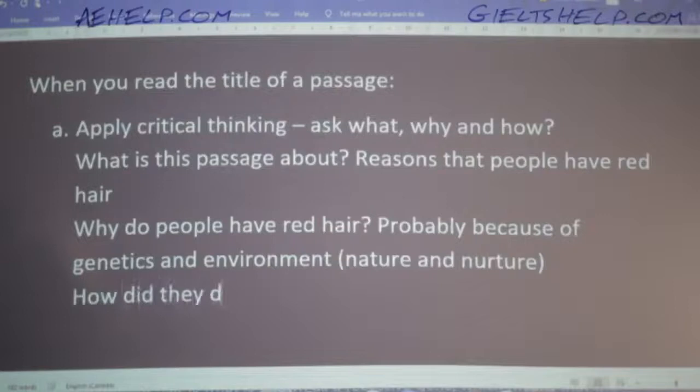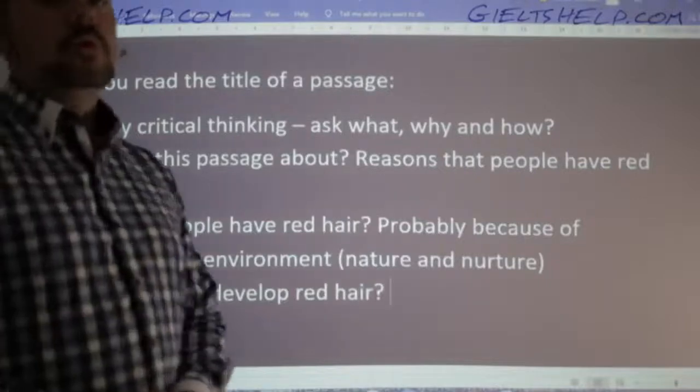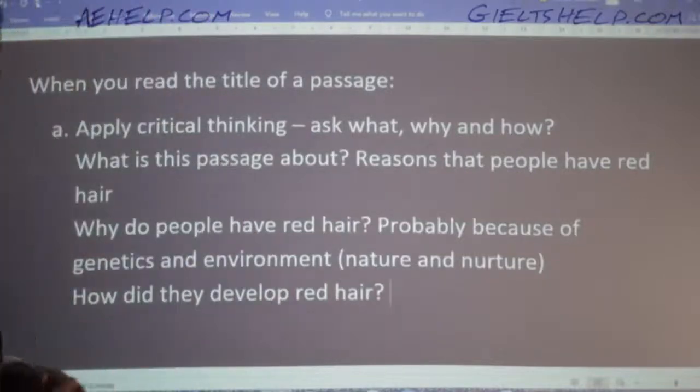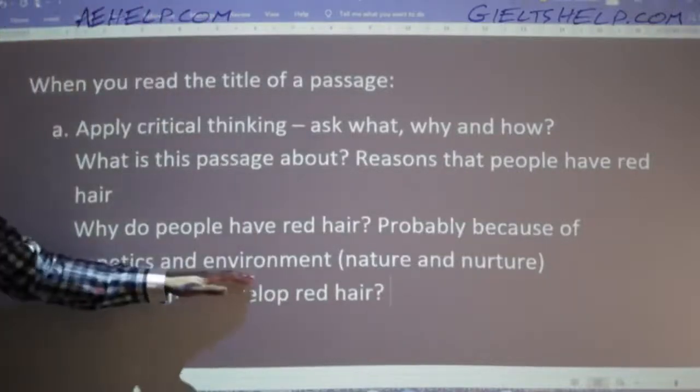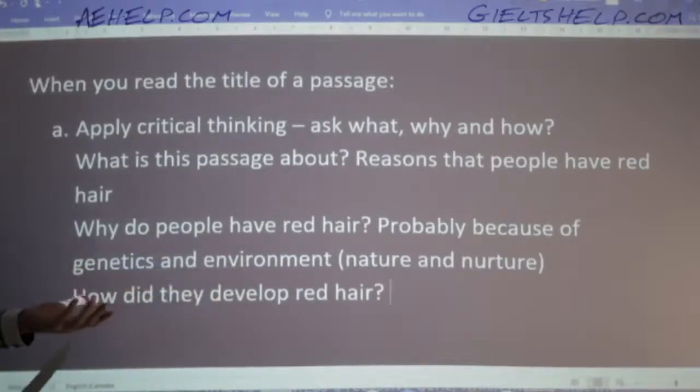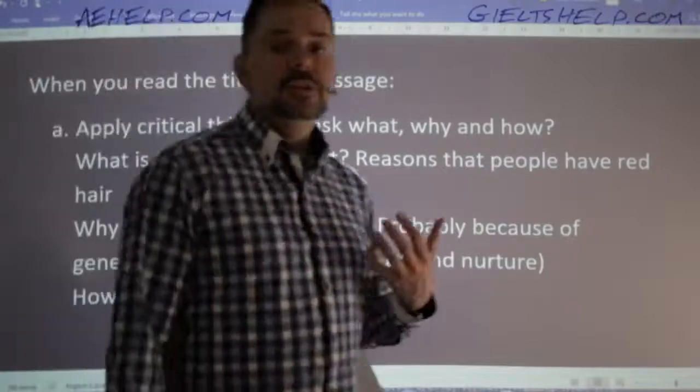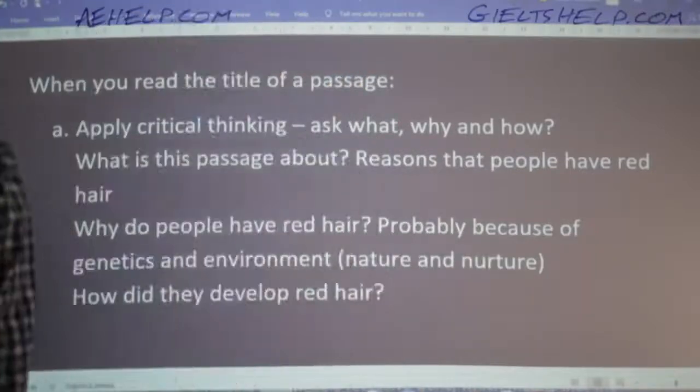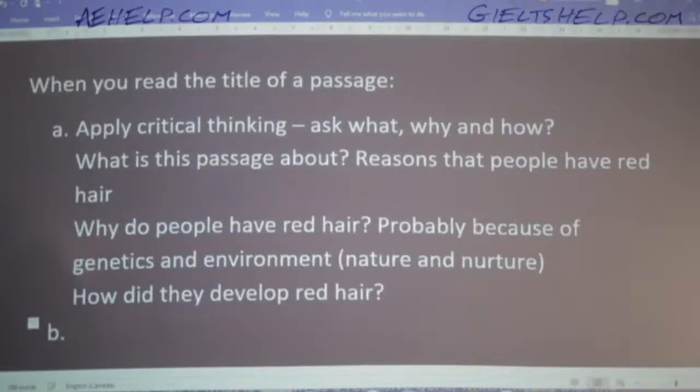So how did they develop red hair? Okay, so then sure, let's think about this genetics and environment. Who are people that usually have red hair? So this is where you want to apply, simultaneously, a little bit of the second strategy with the title, which is visualization.